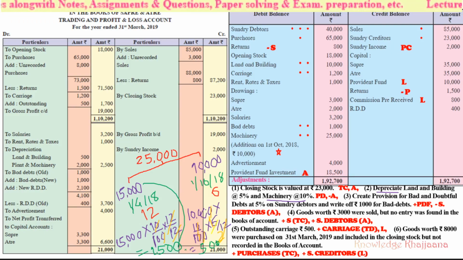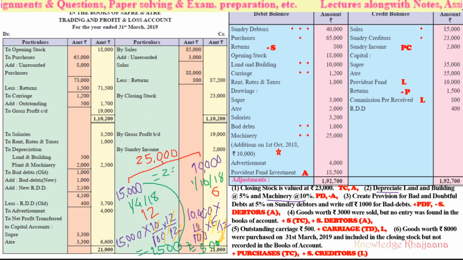So for the machinery purchased on 1st October 2018 for rupees 10,000 the depreciation is rupees 500, and for the machinery with them since the start of the financial year the depreciation is rupees 1,500. So the total depreciation is rupees 1,500 plus rupees 500, that is rupees 2,000.